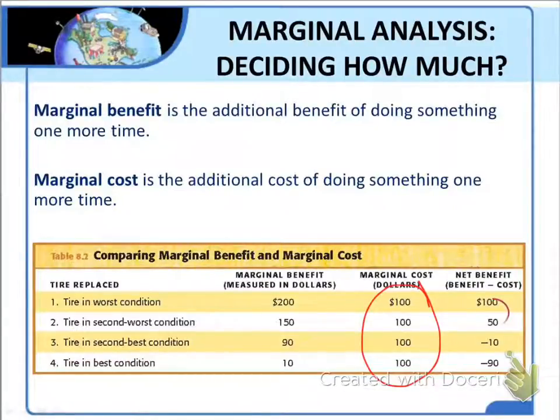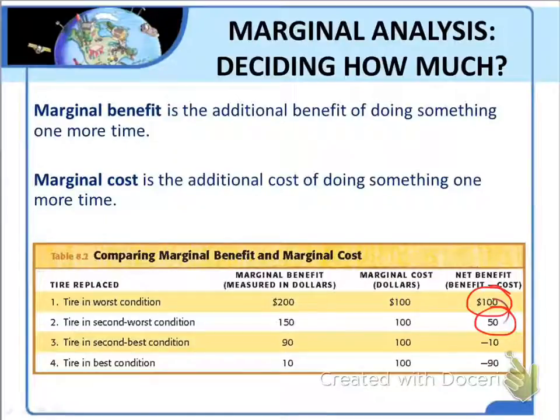In this situation, Lynn would choose to replace the first 2 tires because the marginal benefit of replacing each of them exceeds the marginal cost. That is, there is a positive net benefit of $100 from replacing the first one and $50 from replacing the second one.